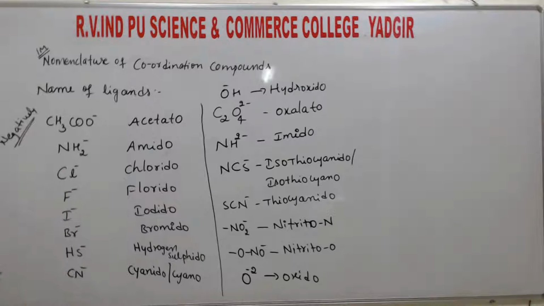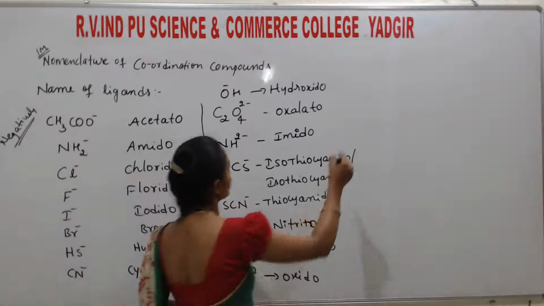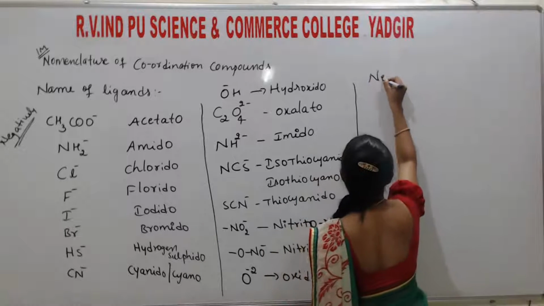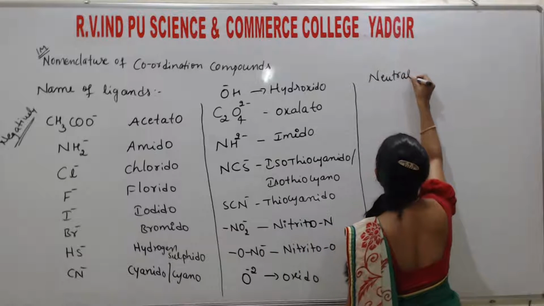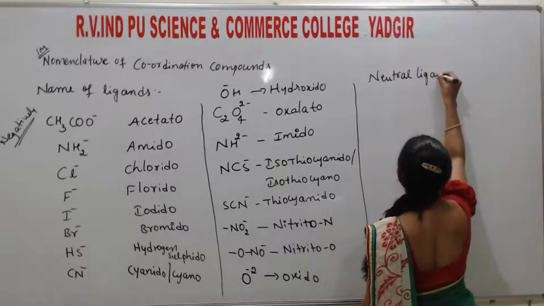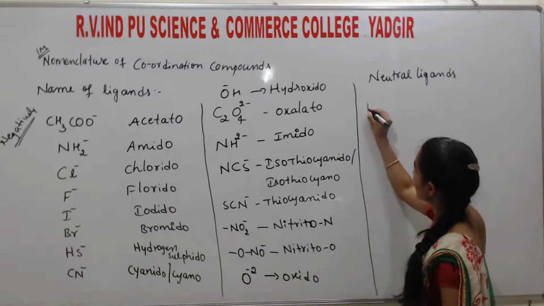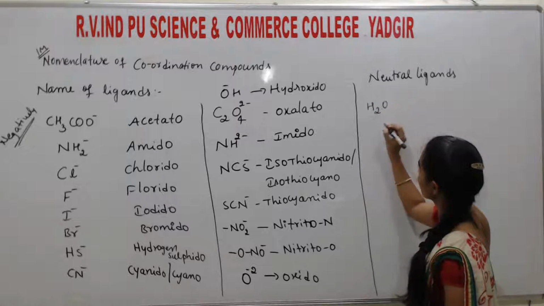If ions are there, then they are named like this. Another type is neutral molecules. If the neutral molecules are there, then how are they named? Ligands with neutral charge. What are the neutral ligands? H2O is there.